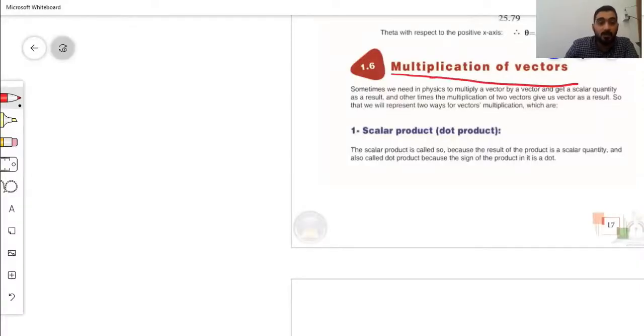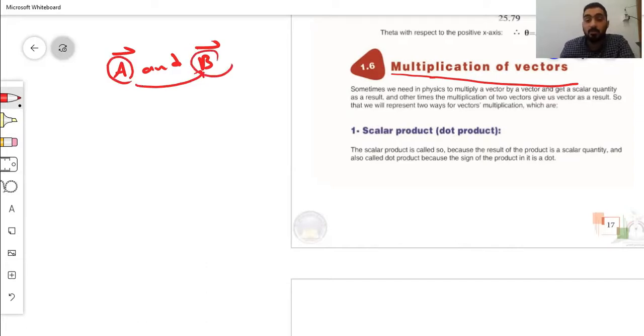Multiplication of vectors. If we have two vectors, such as vector A and vector B, and previously in this chapter we learned what a vector quantity and a scalar quantity are. If we need to multiply vector A by vector B, we will use two ways for this multiplication.